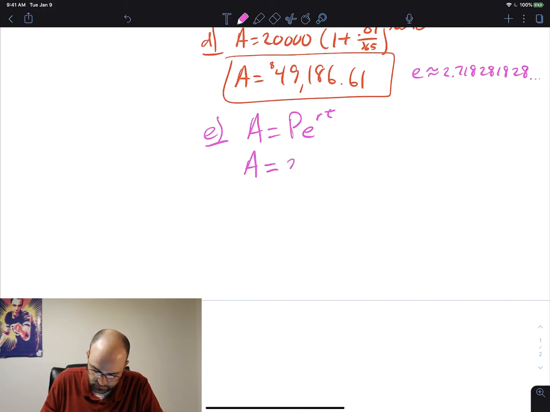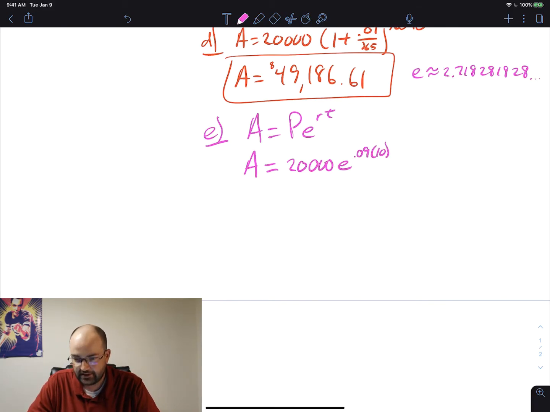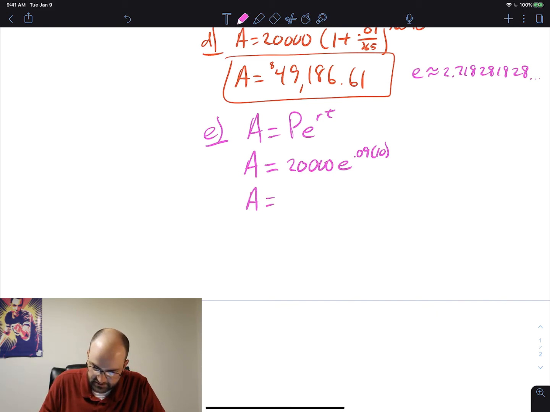So P is equal to 20,000, and then E to the 0.09 times 10. In other words, 0.9. And some people find it a little bit weird to just type this in. So I'm going to go ahead and type this in now, and then I'll show you again on the calculator in a little bit. And so the future value is going to be $49,192.06.